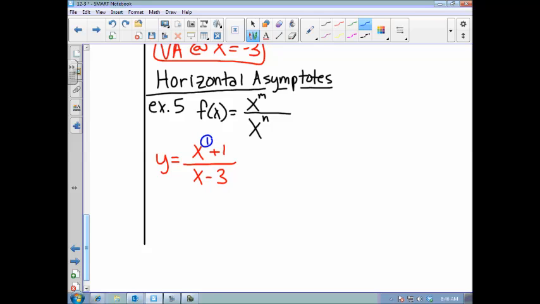What about the denominator's highest power? 1. Okay, so our first scenario is when m equals n. Okay? Because 1 equals 1. Right? And the powers are exactly the same.